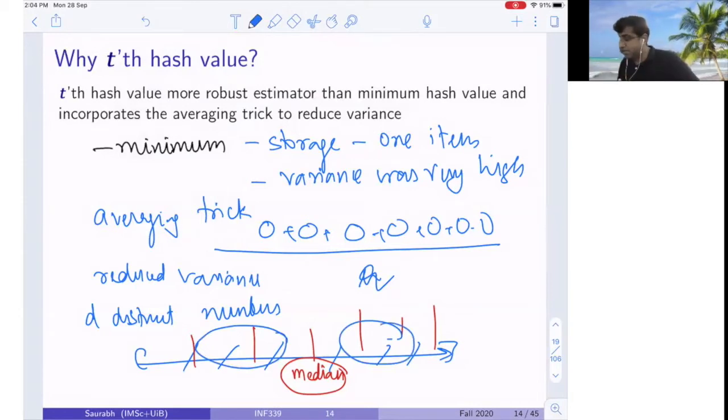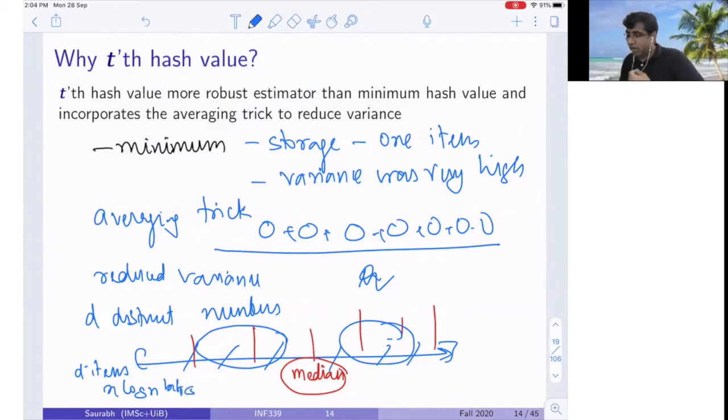So in some sense, median is much more robust to outliers compared to one random variable, because the chances that many random variables will go far away from their expectation is much lower compared to just one value. But unfortunately, if I had d items and I would like to store the median, then this is a problem with storage, because then we could have some n log n bits, right?